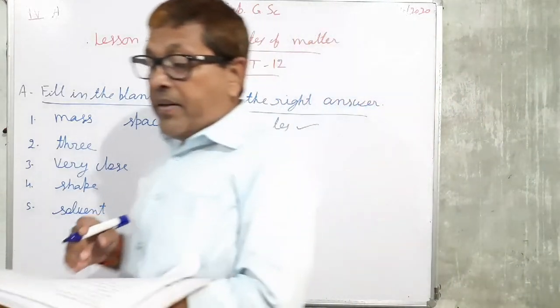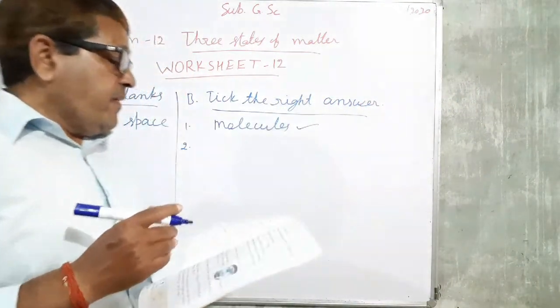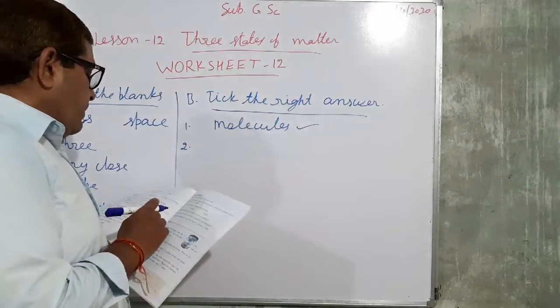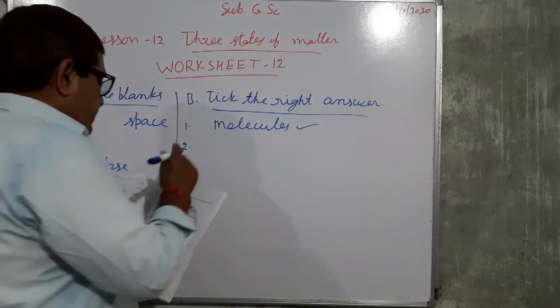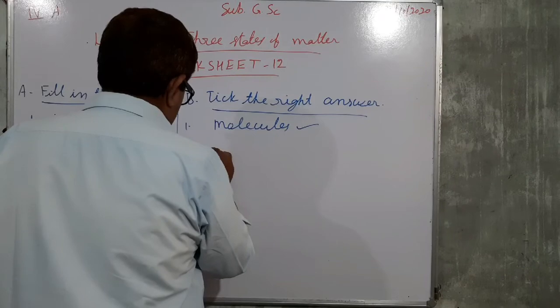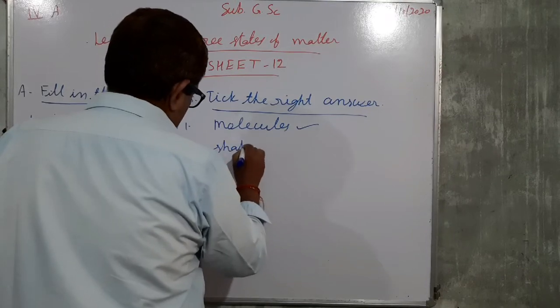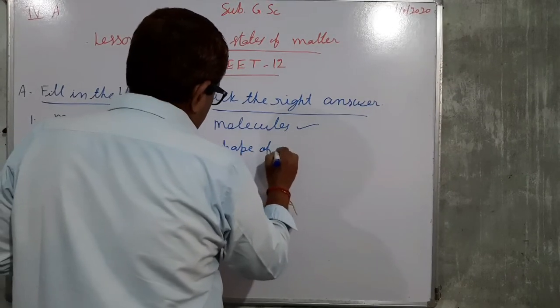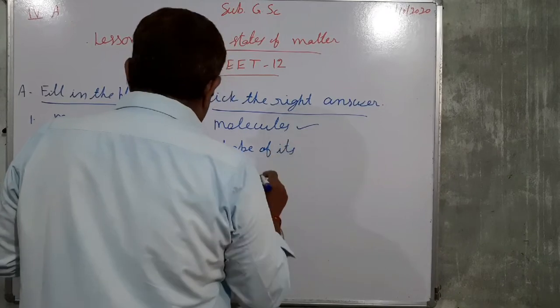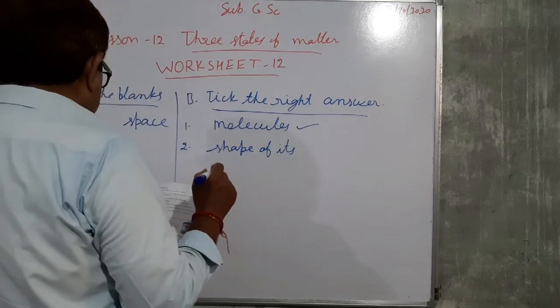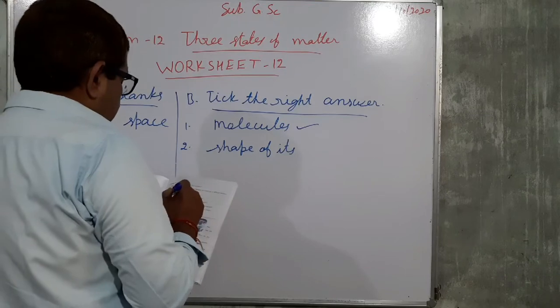So the shape of its container will be the correct option. So you have to tick the shape of its container.